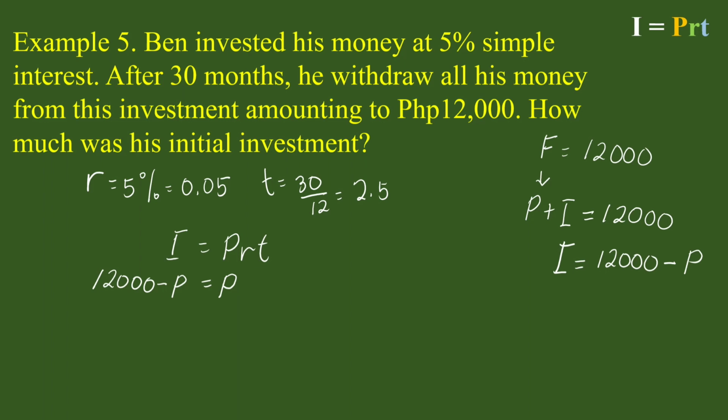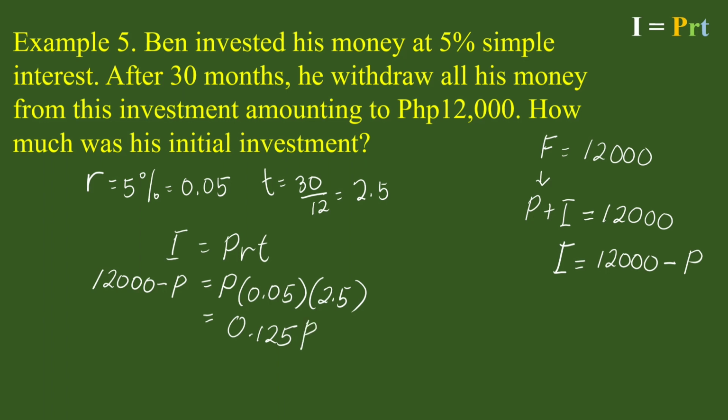The rate of interest we have here 0.05. And the time given here is 2.5. Alright? Okay. So, with our calculators, we can multiply 0.05 and 2.5 here. So, that is 0.125. Okay? So, there's letter P.